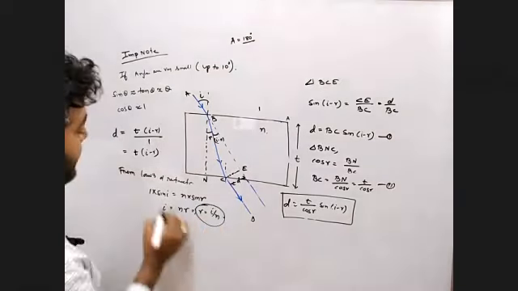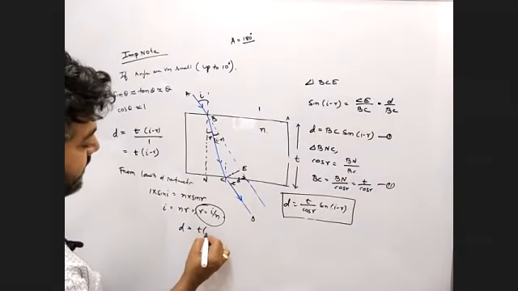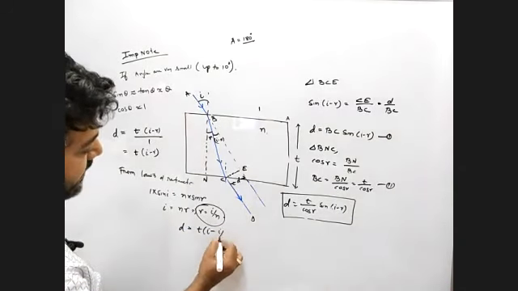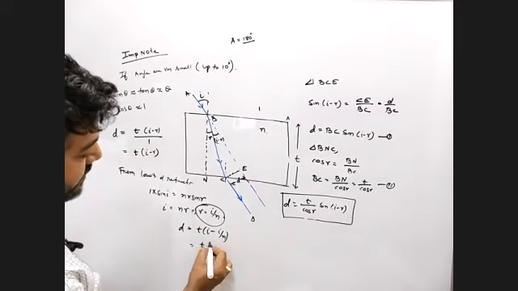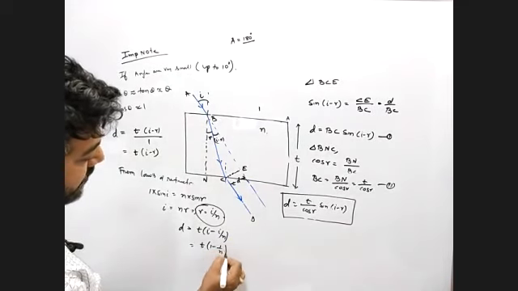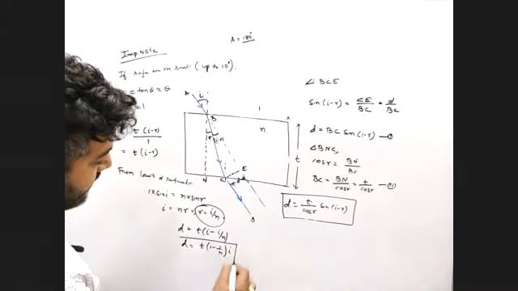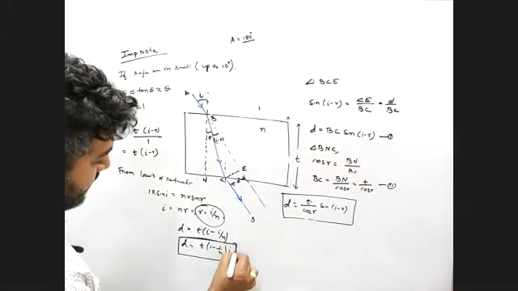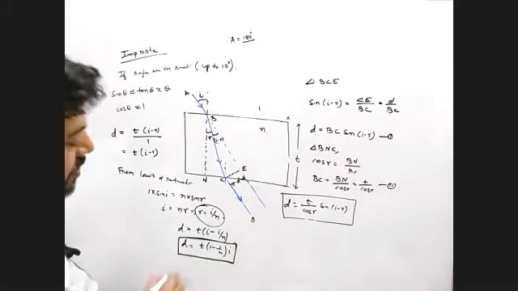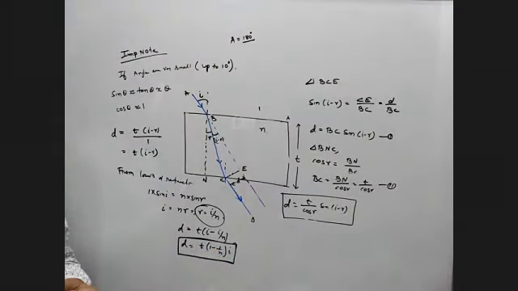If we put it here, D is T times (I minus I by n), which is T times (1 minus 1 by n) I. So D is T within brackets 1 minus 1 by n, times I. Is it clear?